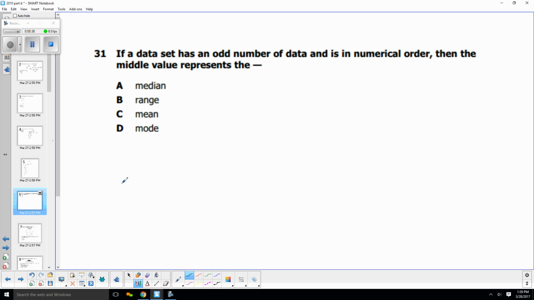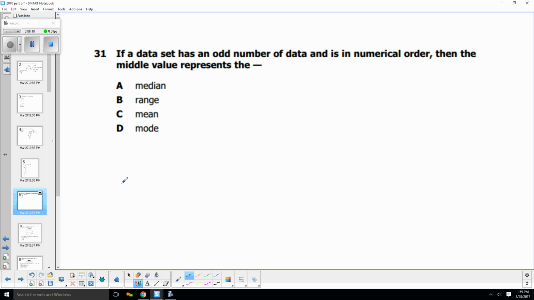What's the mean? About how many they are. And the mode? Kaylee, what's the mode? No, what's the mode, Lena? No, not mode. Mode, Caitlin? The one that appears the most.